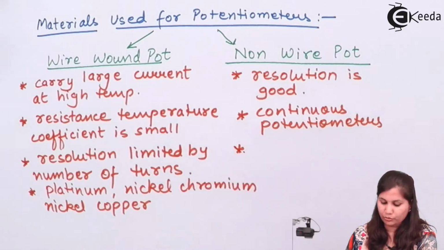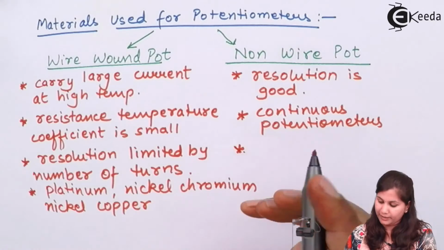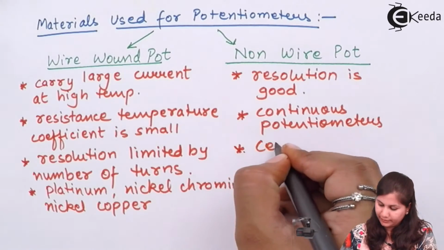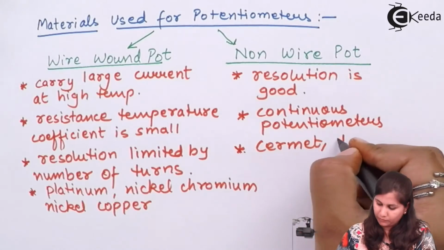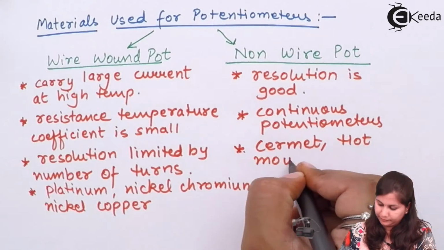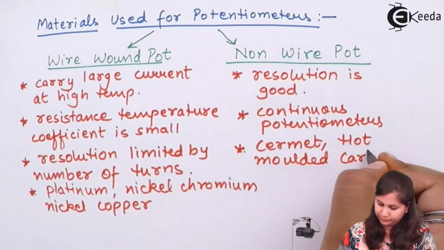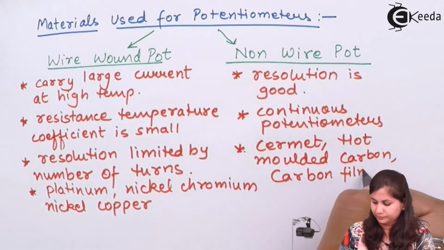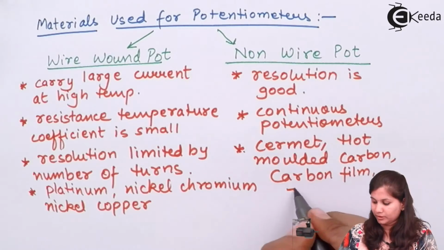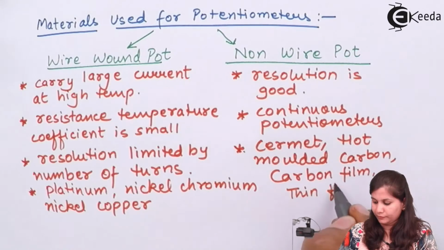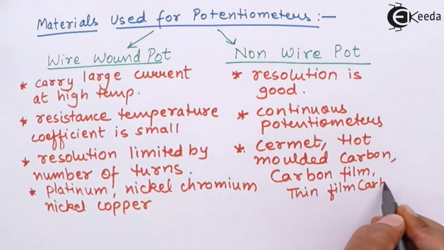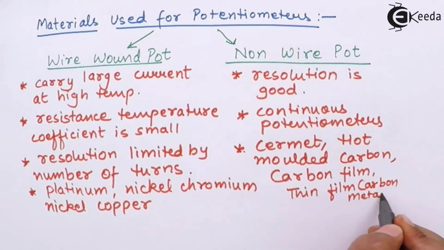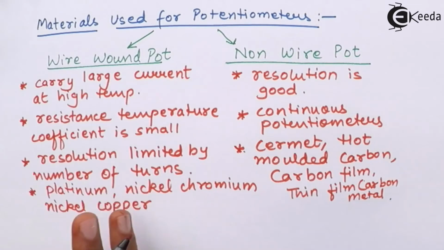And the materials used for the construction of the non-wire potentiometers are cermet, hot molded carbon, carbon film, and thin film carbon metal. So here you can see the difference between the wire wound potentiometers and the non-wire potentiometers.